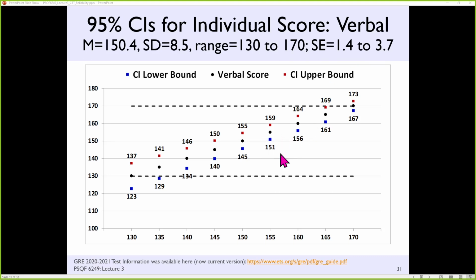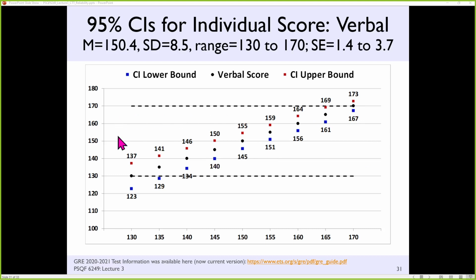So if somebody has, say, a score of 155, their confidence interval is somewhere between 151 and 159. That's quite a range in terms of what people would consider like a good enough score to get in. So this is a complicating factor in using scores about people to make decisions.